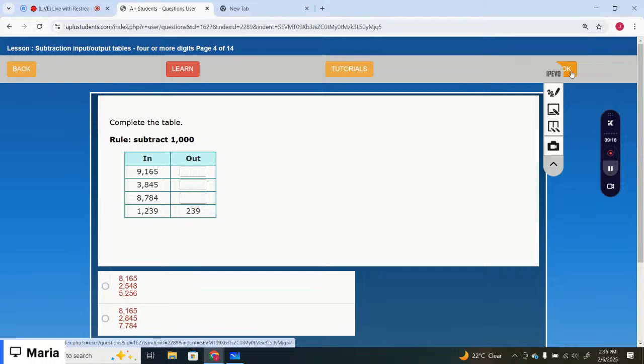Subtract 1,000. Which is the correct option?